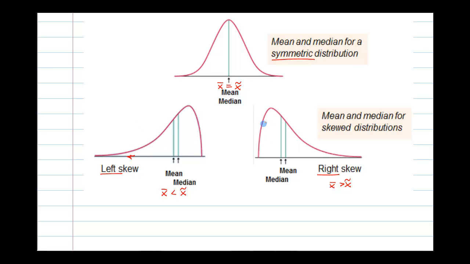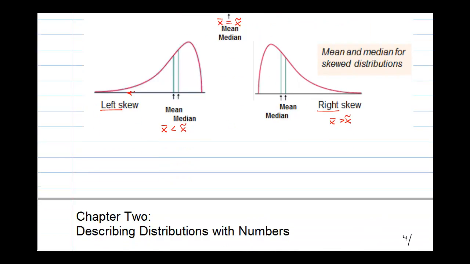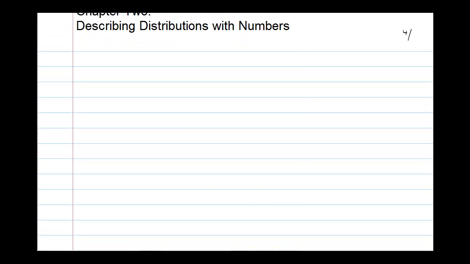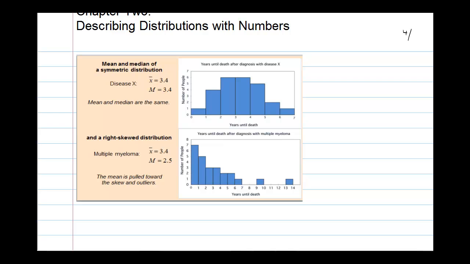Now these graphs are kind of generic graphs just talking about general shapes of distributions, but next we want to look at some specific graphs and how we can analyze those graphs based on their shape, their mean, and their median. So first of all, what we have here are two different distributions. We have the distribution of years until death after diagnosis with some disease X, and here we have years until death after diagnosis with multiple myeloma.